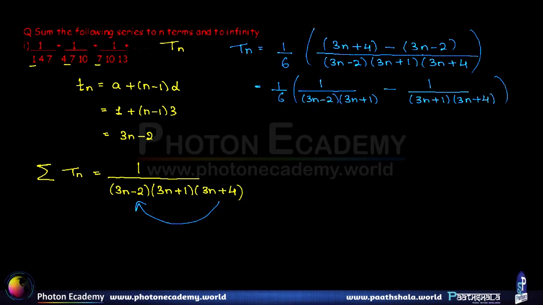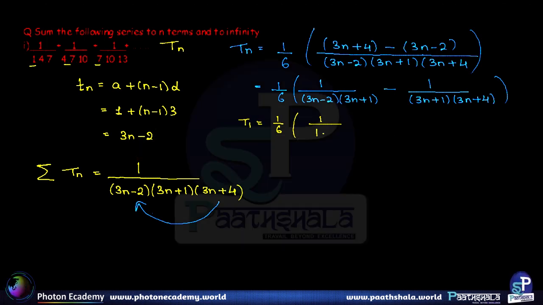Alright, so let's just start substituting the values. So for T1, we have 1 by 6 into 1 upon 1 into 4 minus 1 upon 4 into 7, 3 plus 4 is 7.